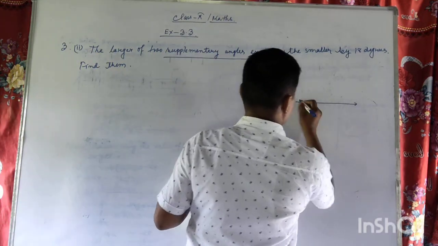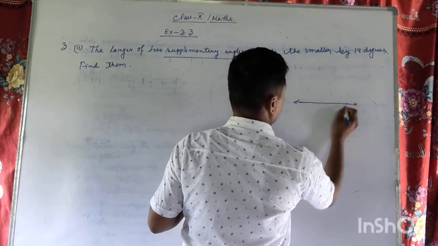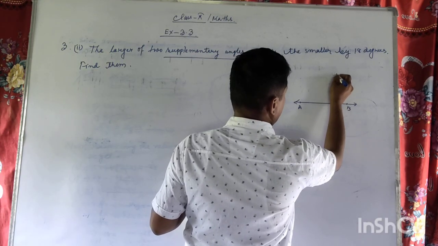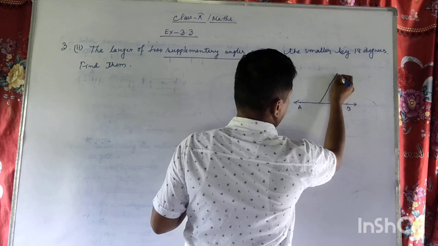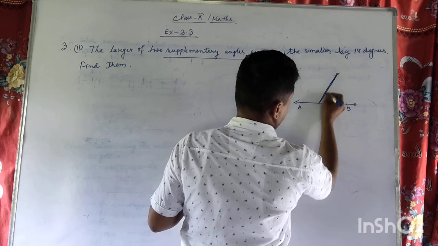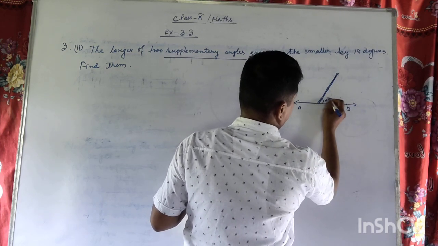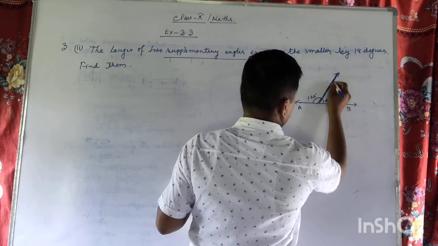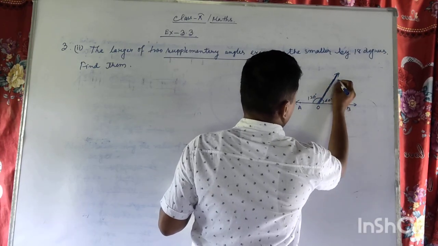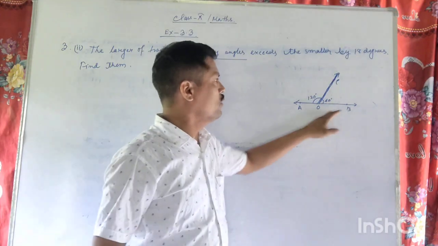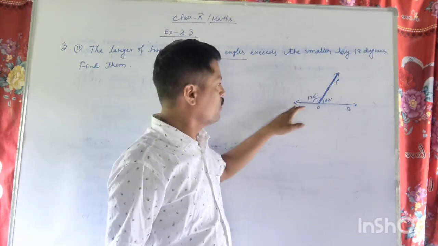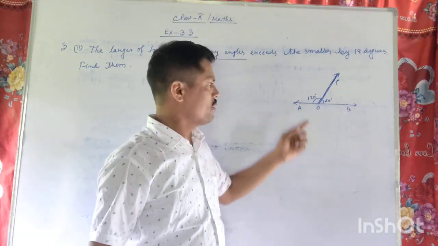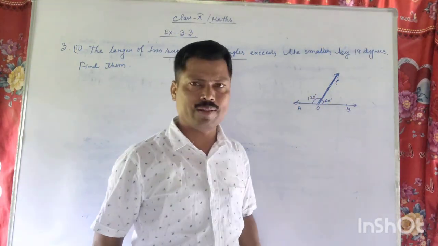If there are two angles, A, B, and here 60 degrees and 120 degrees, then angle BOC plus angle AOC, angle BOC is 60 degrees plus angle AOC is 120 degrees.